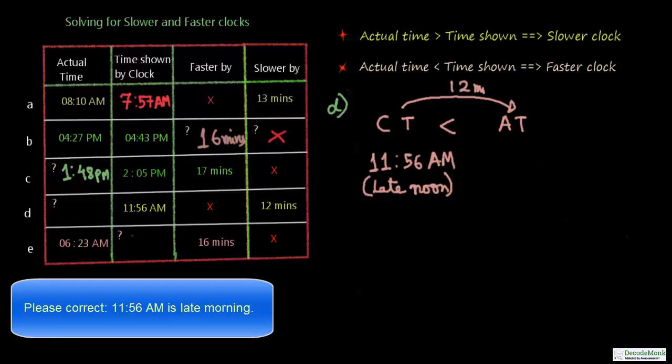So to arrive at the actual time with the given clock time, you have to add 12 minutes to the clock time. So how will you arrive at it?